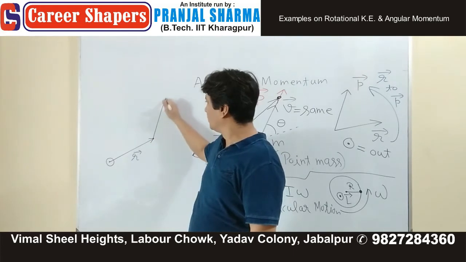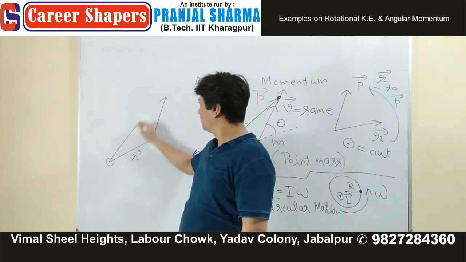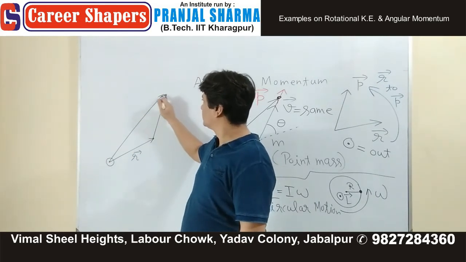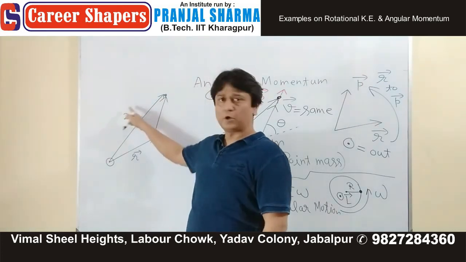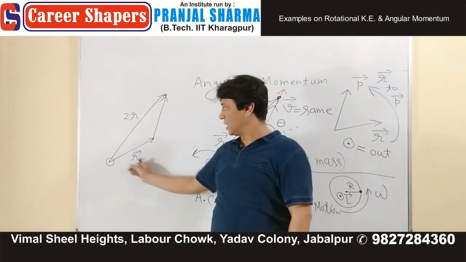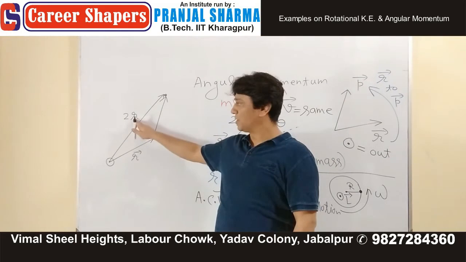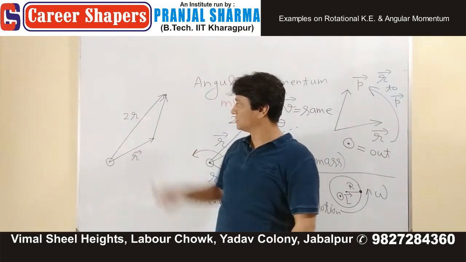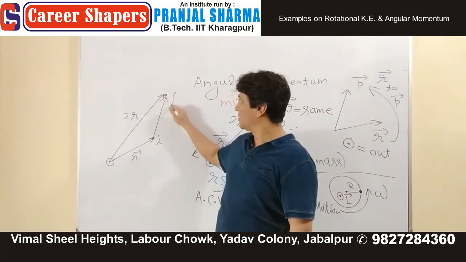Object is moving in this direction. And after some time, this distance becomes 2r. You cannot use direct vector sign because when I say r vector, I have the direction part. So I'm giving you the magnitude that whatever this length is, double of that is this. So this is your initial location. This is your final location.